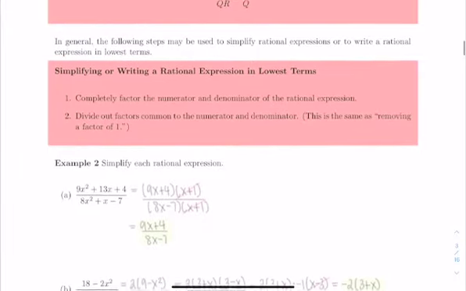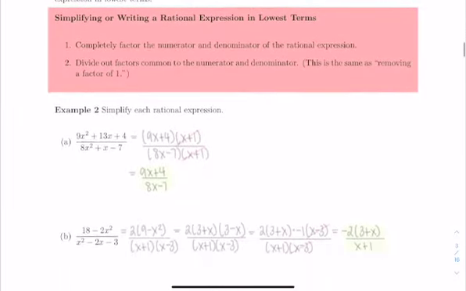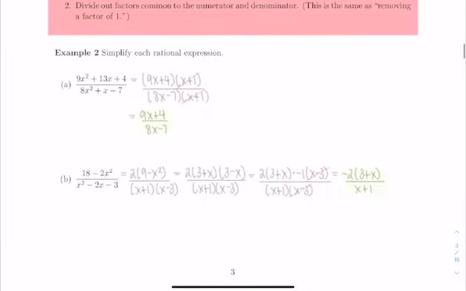So let's look at example number 2. We have 9x squared plus 13x plus 4 all over 8x squared plus x minus 7. So we need to factor the top and the bottom. The top would factor as 9x plus 4 and x plus 1.